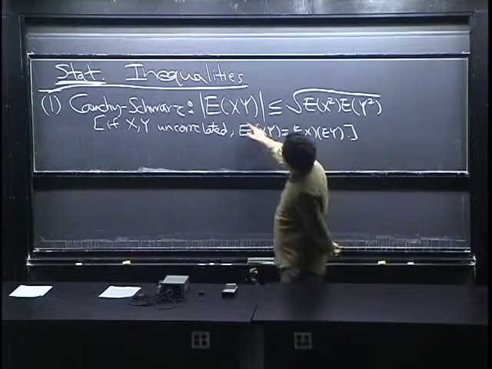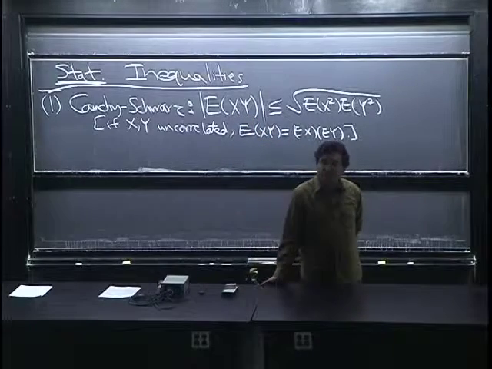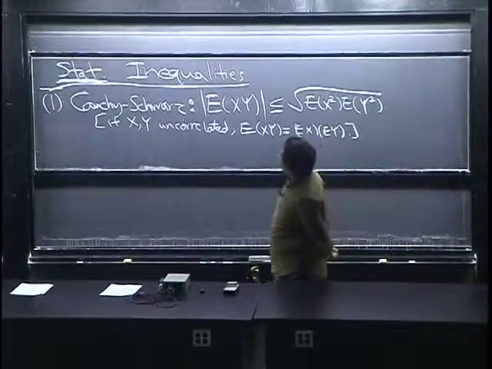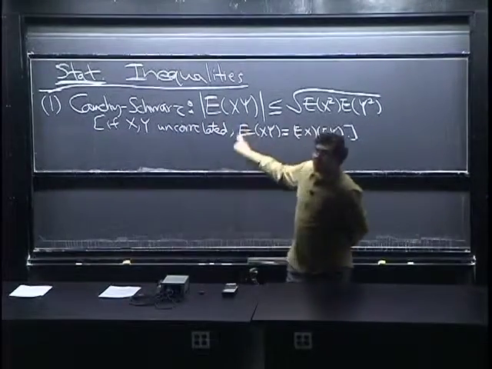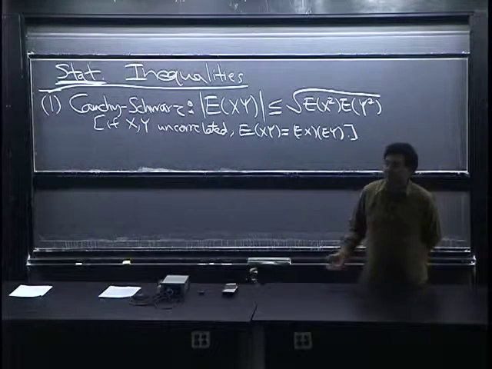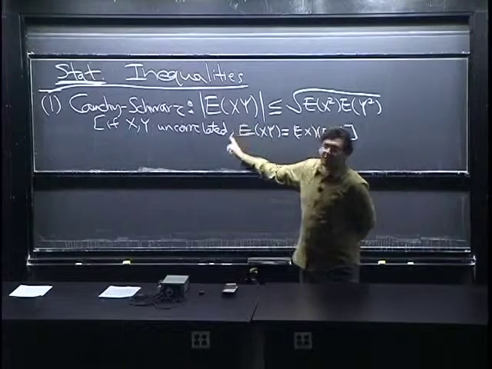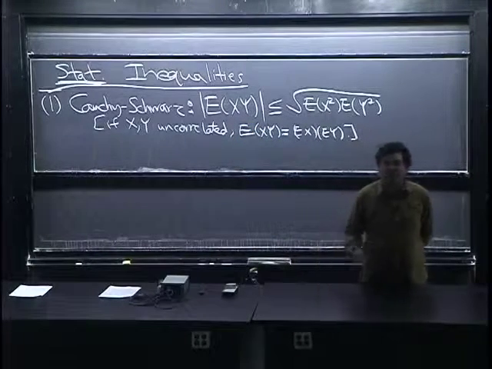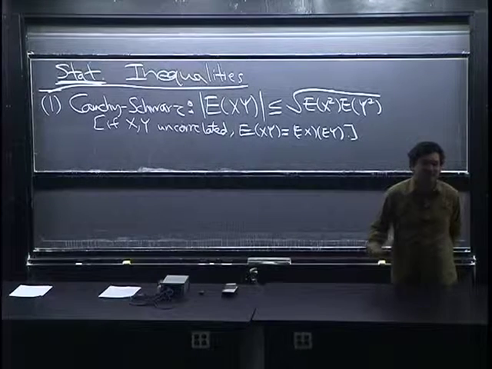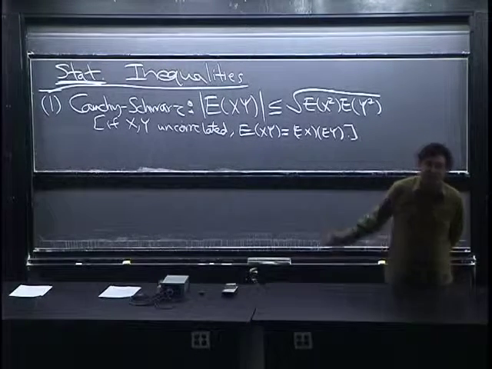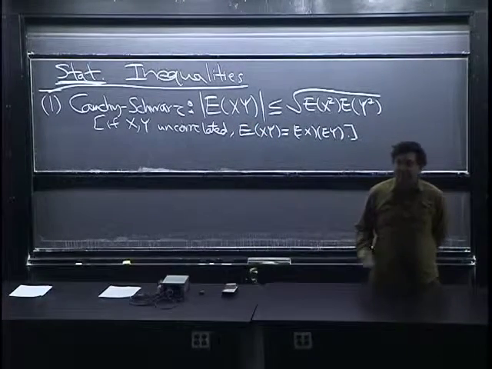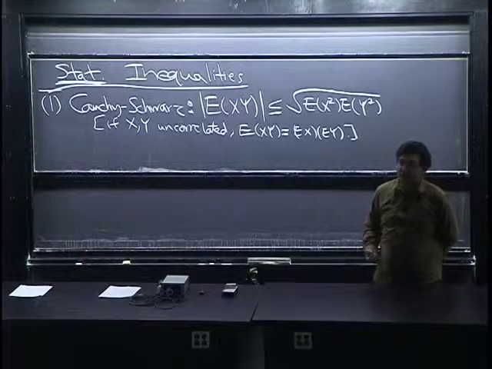Okay? But to see why this is telling us something interesting in the correlated case, kind of the cool thing about this is if we wanted to compute E of XY, in general, we'd have to use the 2D LOTUS, right? That is, X and Y have some joint distribution, and either we could do a Jacobian and find the distribution of X times Y in the continuous case, and then find the PDF of this, or we could use a 2D LOTUS, and that could be very, very messy and difficult.